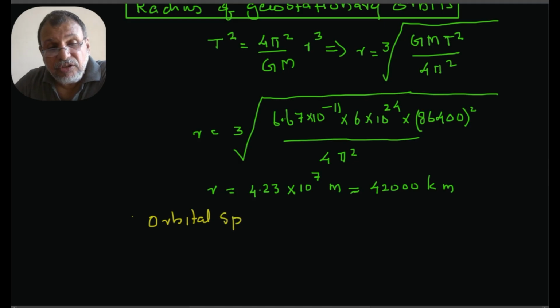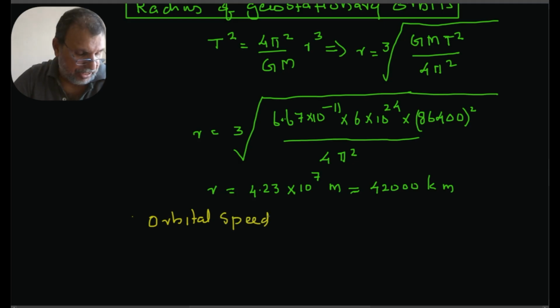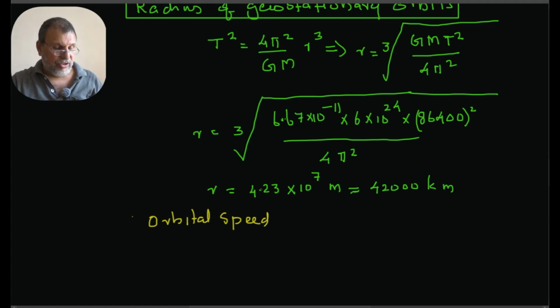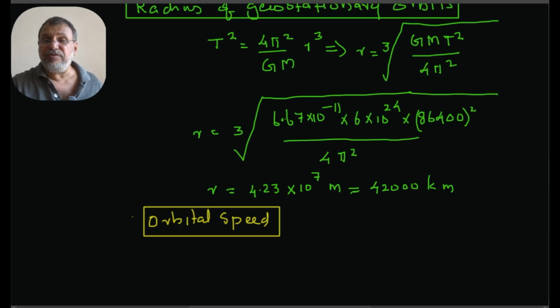Orbital speed: again, we may use the same expression, V is equal to the square root of GM over R. So we need to put the values in here.